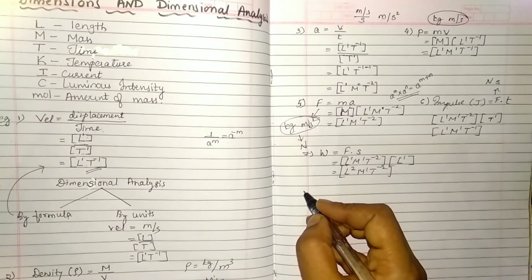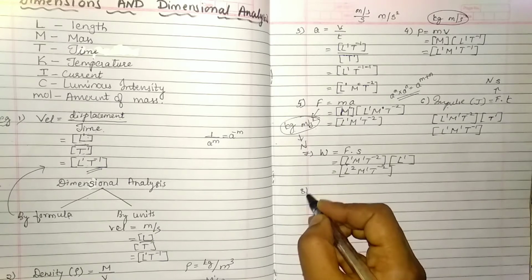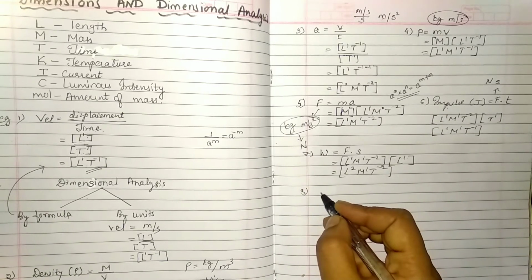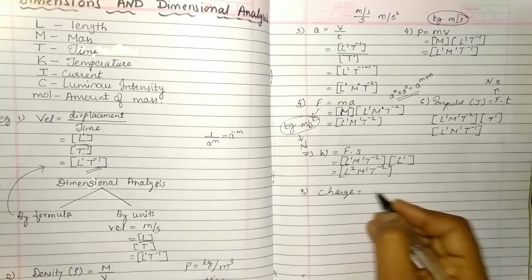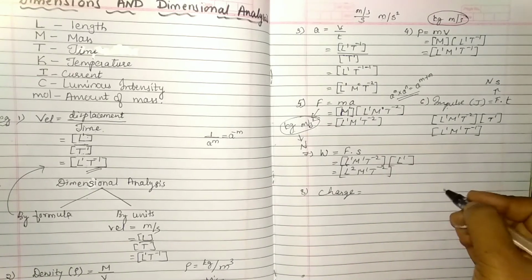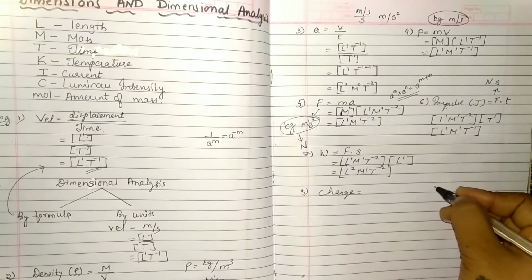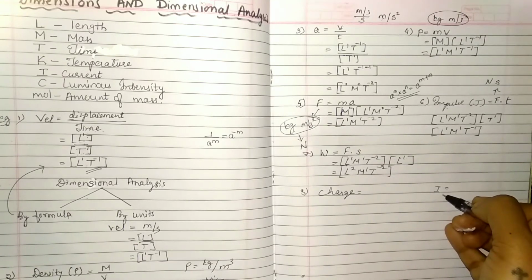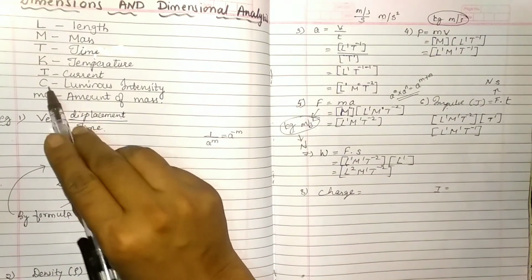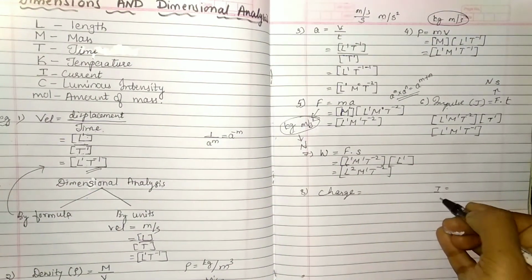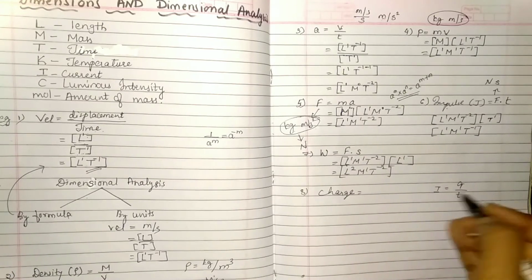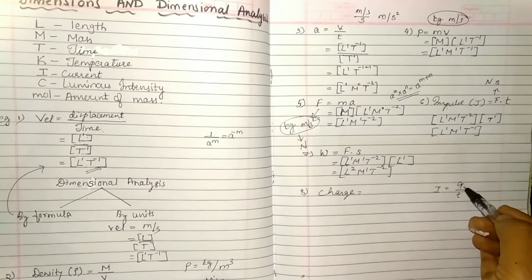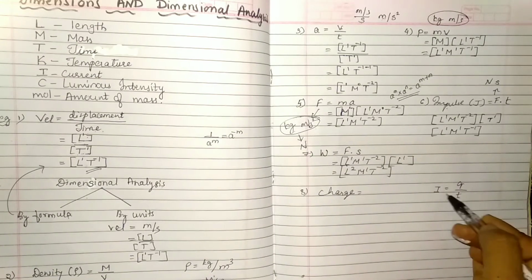And then take something different now, that will be charge. Charge is nothing but, if you see, what you mean by current. When we define current, current is indicated by I over here. It is nothing but charge per unit time. So if it is charge per unit time, charge can be written as current into time.